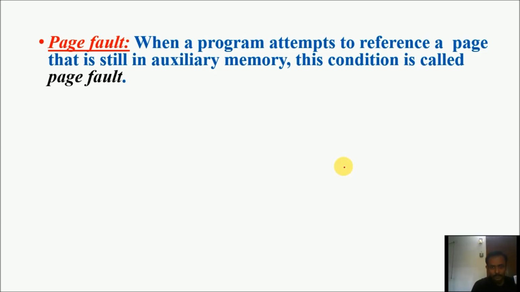Now, associated with this virtual address, one of the very important concepts is page fault. What do you mean by page fault? When a CPU generates an address and that is not present in the main memory, then that is called a page fault. If a page fault occurs, what will happen?